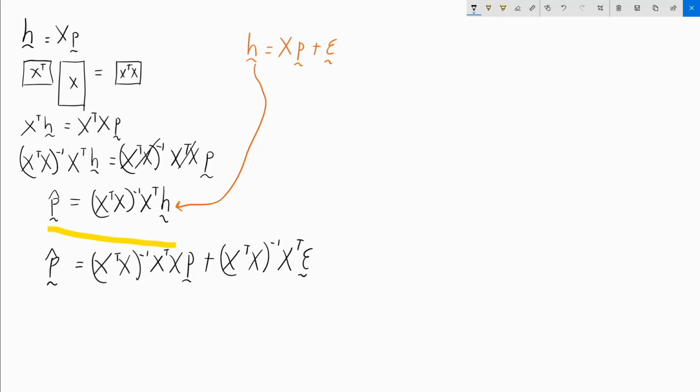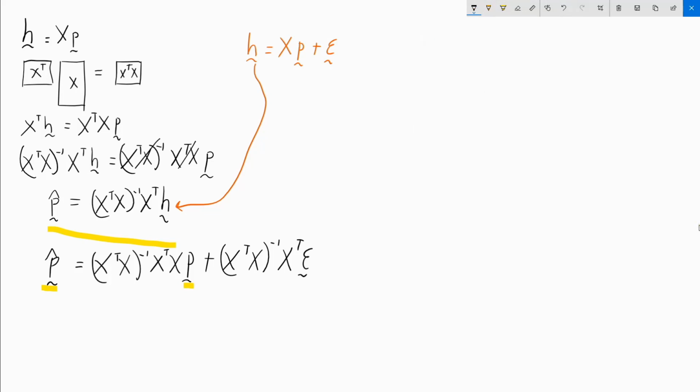Now in this equation, this P hat here is my estimated P, my estimated parameters. This p here is the real parameters, the parameters that I will never know, but whose job it is for me to estimate.